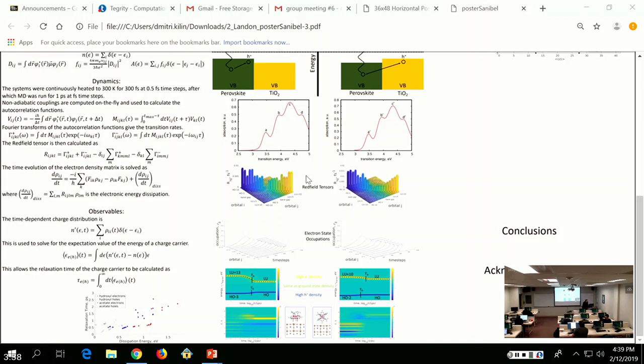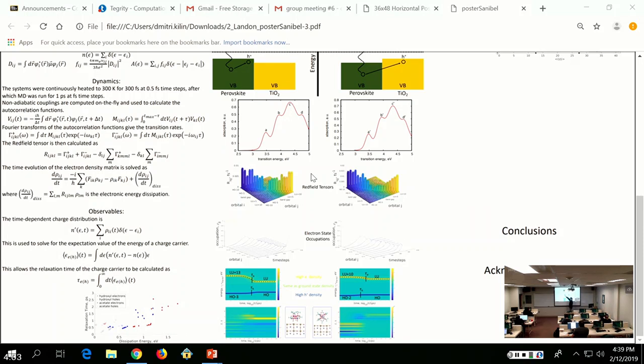And so from that, we can calculate the couplings between orbitals between adjacent time steps, and use that information to calculate a Redfield tensor. Small portions near the frontier orbitals are shown here.